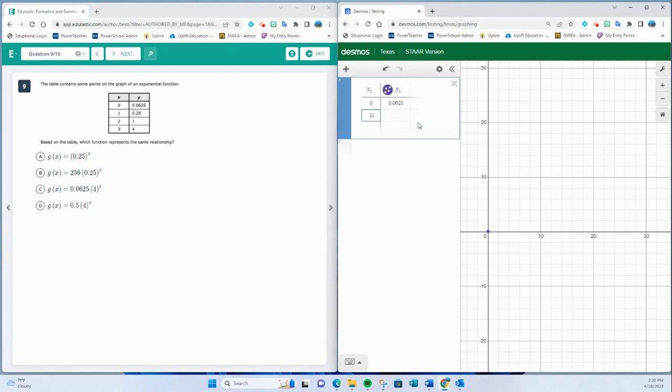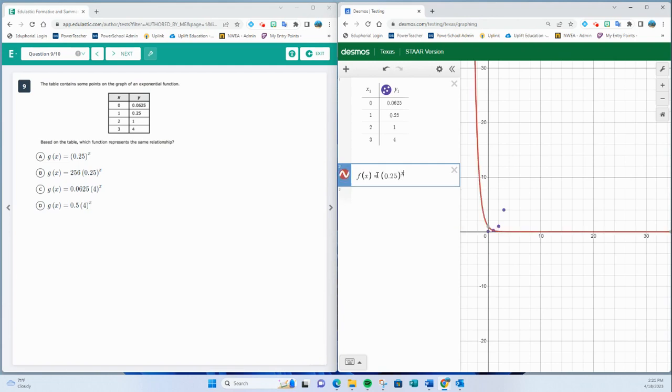And then I would put the answer choices into decimals as well, and just see which one is going to match the table, meaning the graph is going to actually hit the points on the table. That would show that they are representing the same relationship.